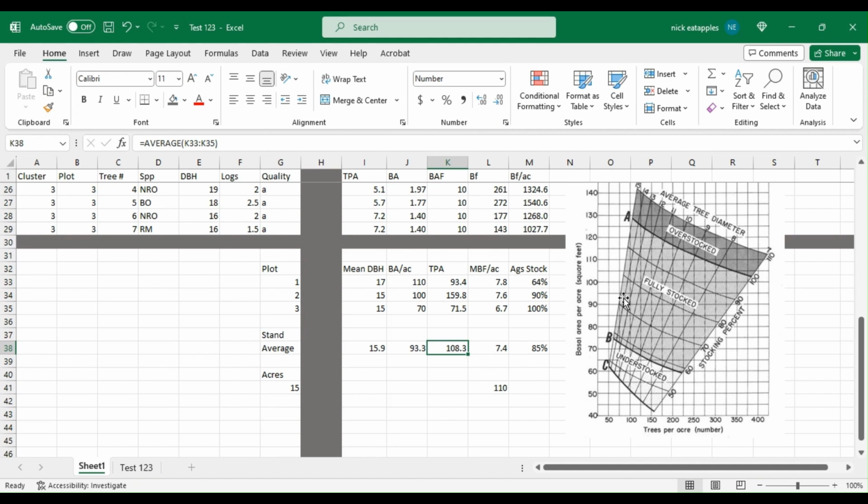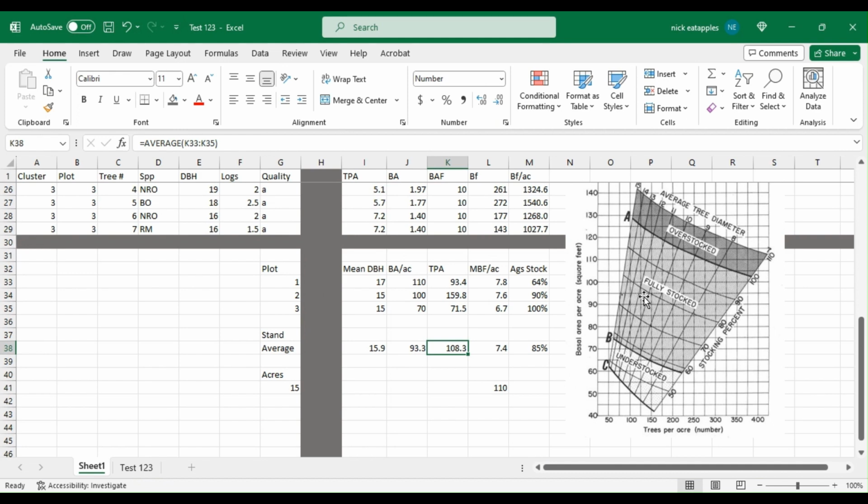We're right around 70%. So if we were thinking about doing a thinning, we'd thin down to the B line and let the stand continue to grow. And if we're doing more even-age silviculture, let's say you want a shelterwood or a seed tree or some sort of treatment like that, you'd cut all the way down to the seed line.